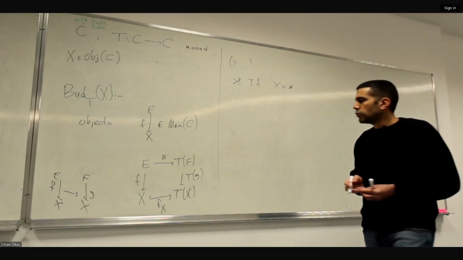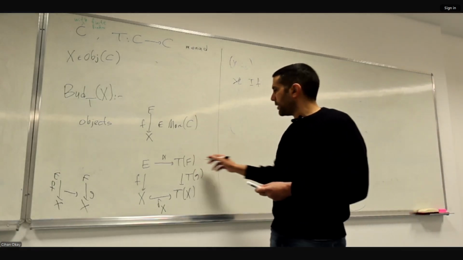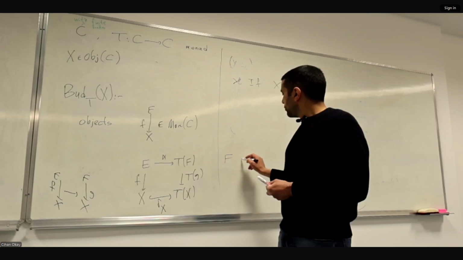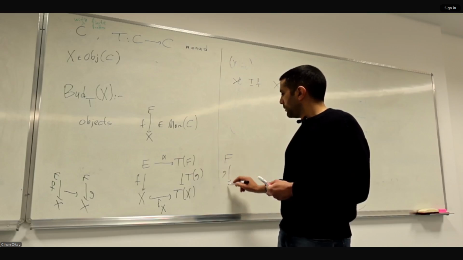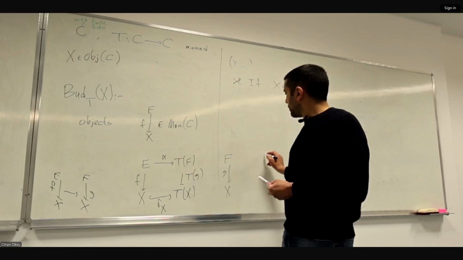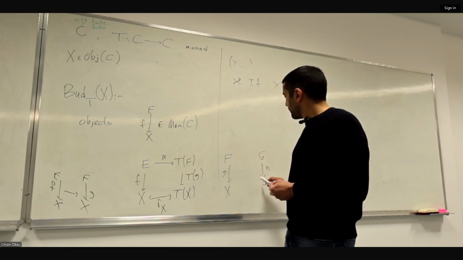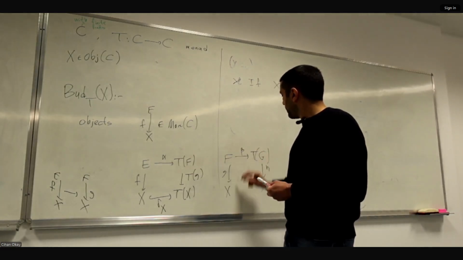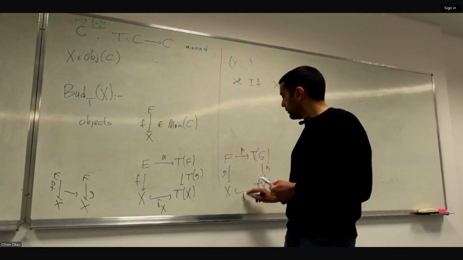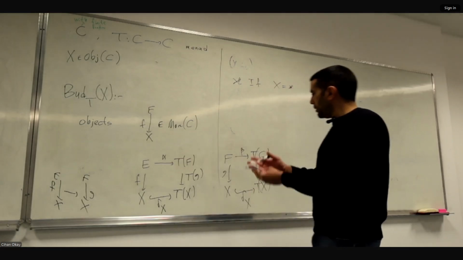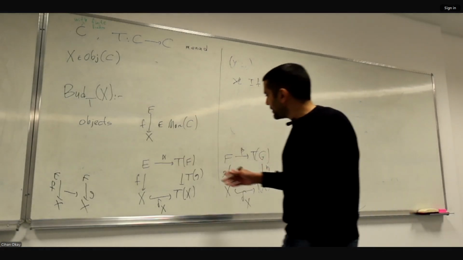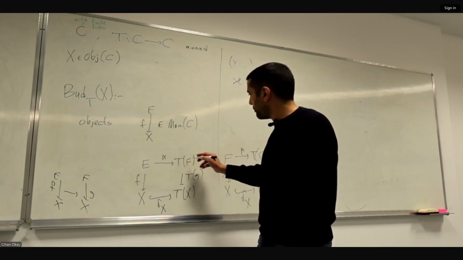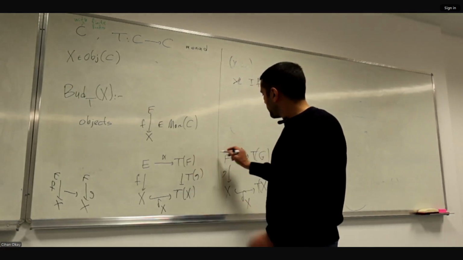And the composition is also Kleisli: if I have another morphism from G to H, call it beta, then as a composition in the Kleisli category, we apply T.